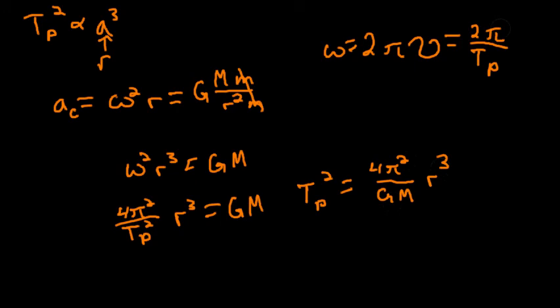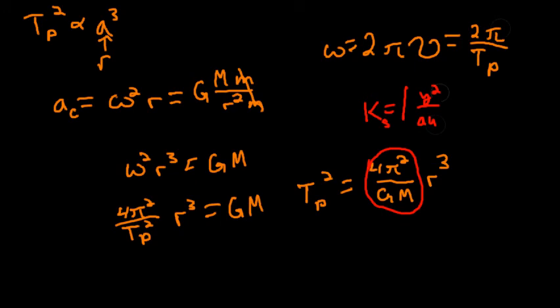So omega equals 2 pi over T_P. So plugging into here, we get 4 pi squared over T_P squared times radius cubed equals G times M.